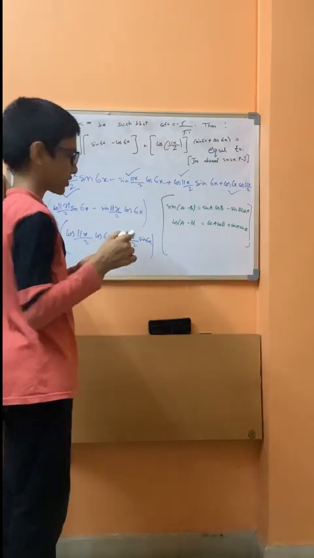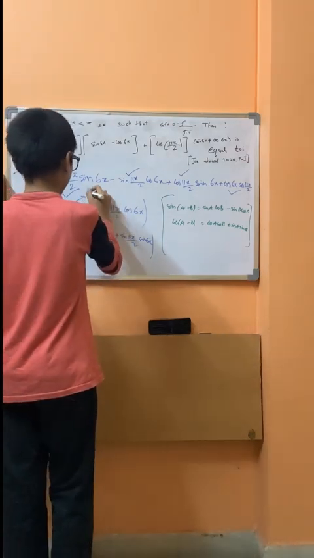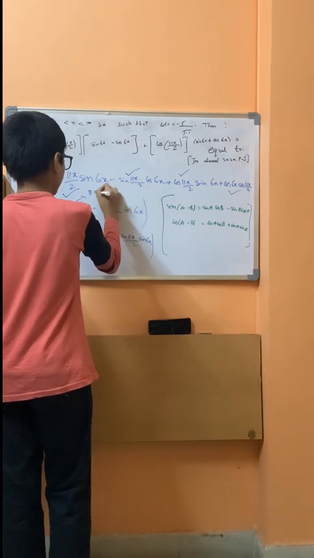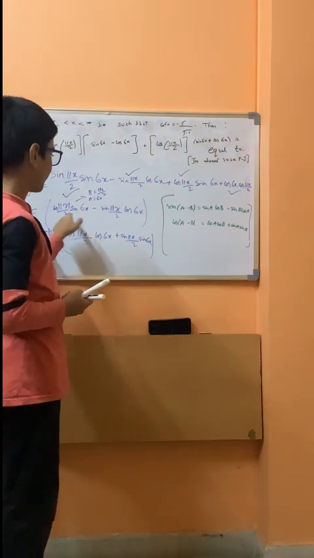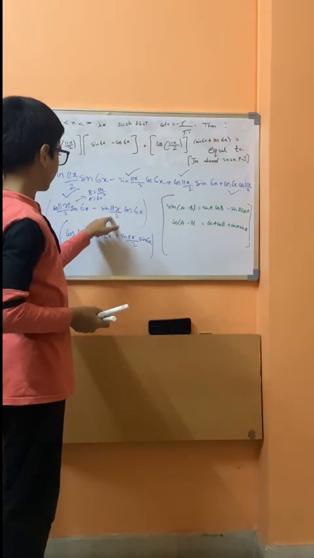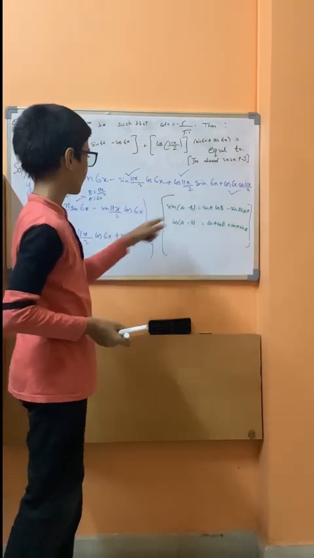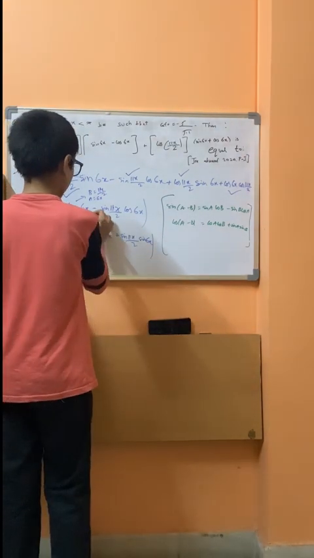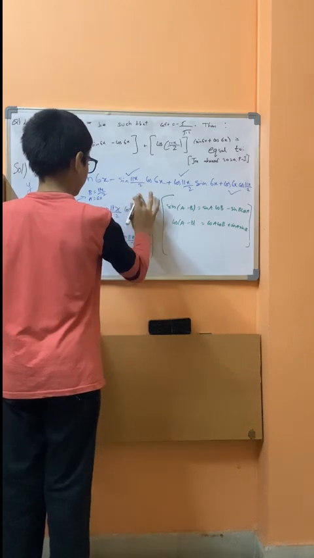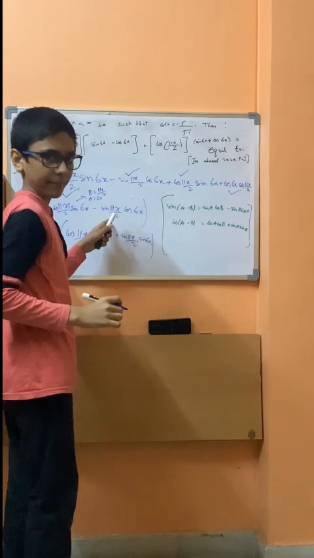So in this expression b equal to 11x by 2 and a equal to 6x. So we get cos b sin a minus sin b cos a, which is exactly what we wanted. So this is going to be sin of a minus b.